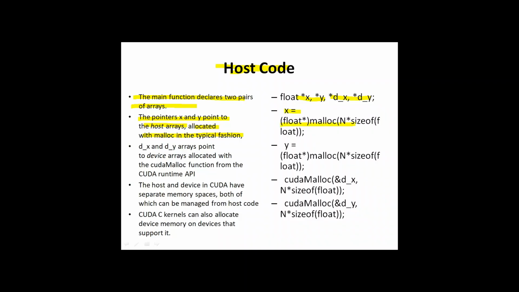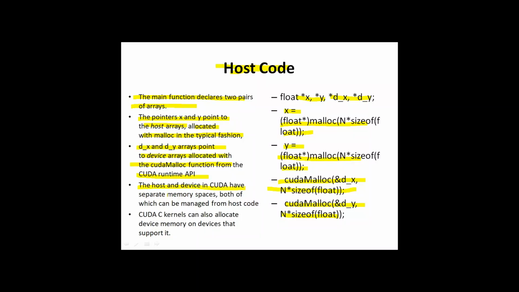Similarly, the d_x and d_y arrays point to the device arrays allocated with the cudaMalloc function from the CUDA runtime API. So this was malloc, and this is cudaMalloc, right?